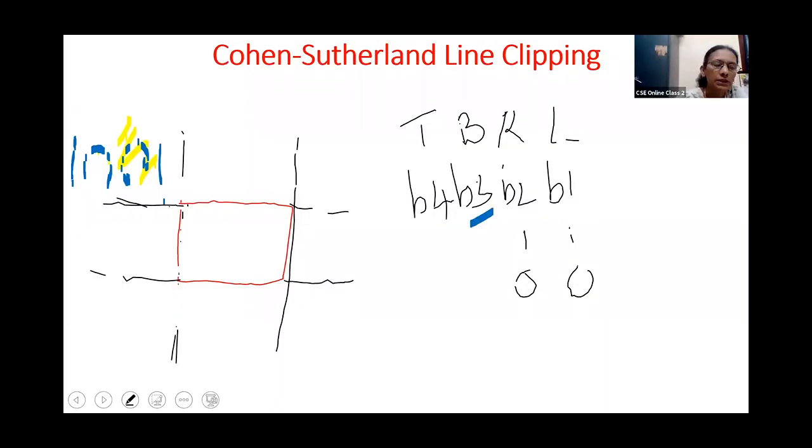Is this clear? Yeah. Now, what about this region that we have?